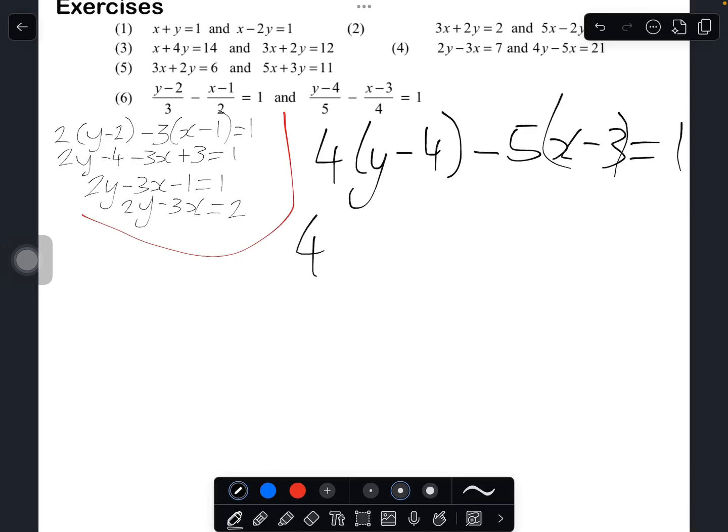Then I'm left with 4y minus 16 minus 5x plus 15 equals 1.